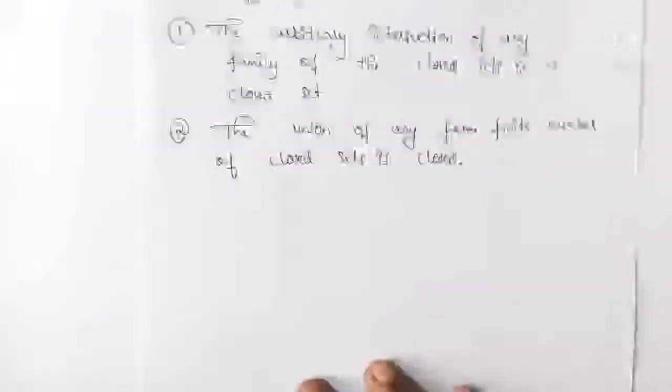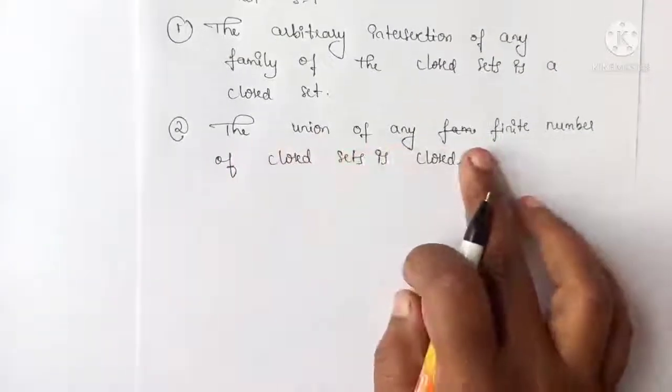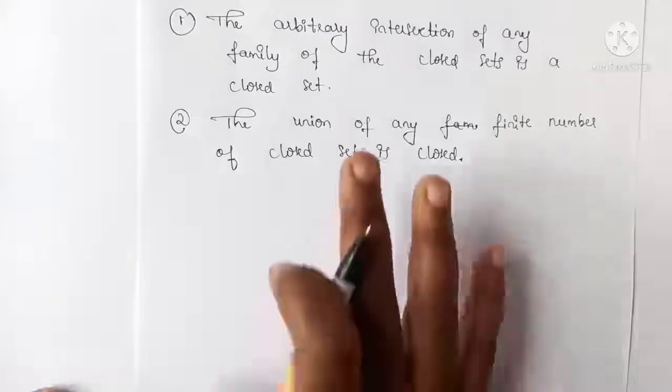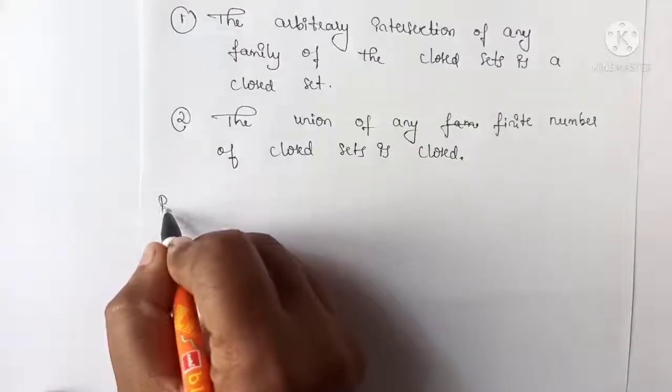Similarly, for the union of a finite number of closed sets you can take any two closed sets, and we have to show that their union is closed. To show that, we show that their complement is open. Okay, so let us prove this one by one.